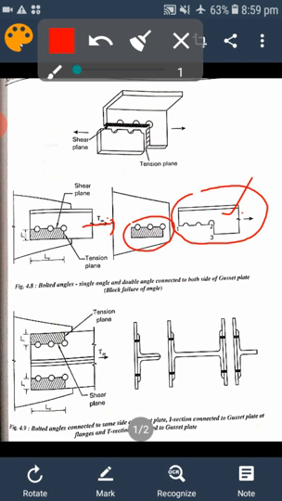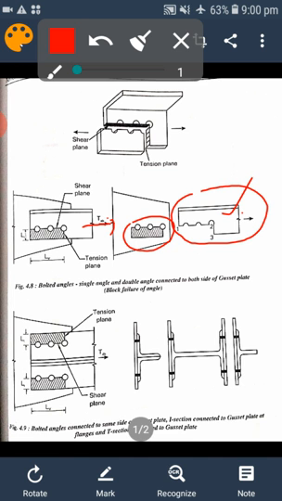This type of failure may occur by shear yielding or rupture, or by the combined effect of both shearing and tearing. This type of failure is what we call block shear failure. This shows clearly the combined effect of shearing and tearing.